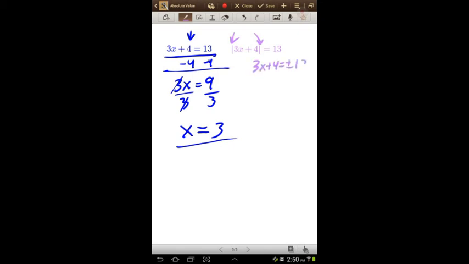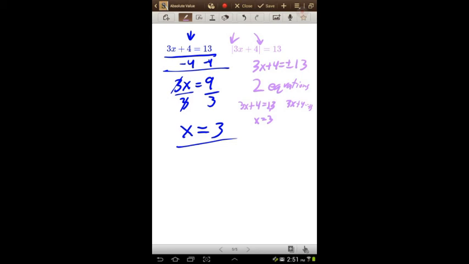So you need to do the two equations. 3x plus 4 equals 13, which gives us 3, or 3x plus 4 equals negative 13, which gave us negative 17 thirds, I guess.